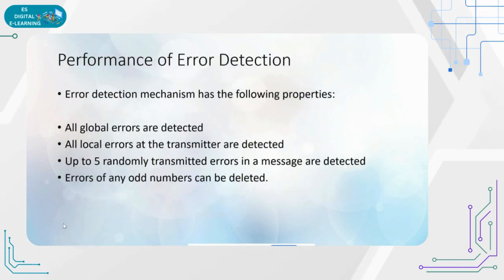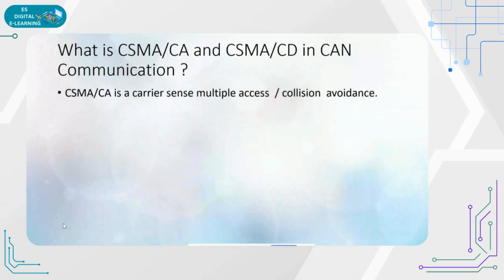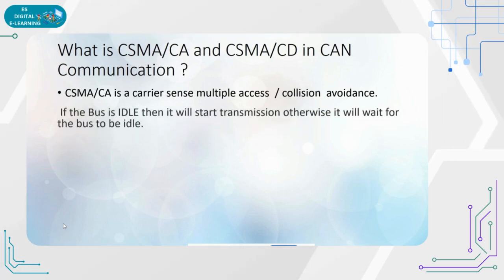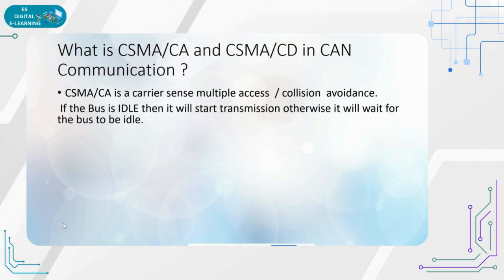So this is CSMA/CA: carrier sense multiple access with collision avoidance. Without colliding, even with the same identifiers, it will try to transmit the data. If the bus is idle, then it will start transmission.